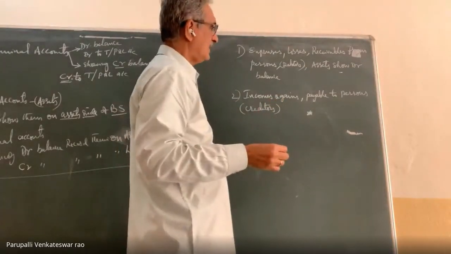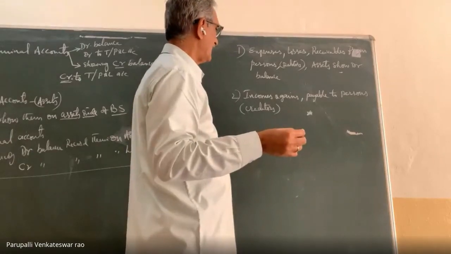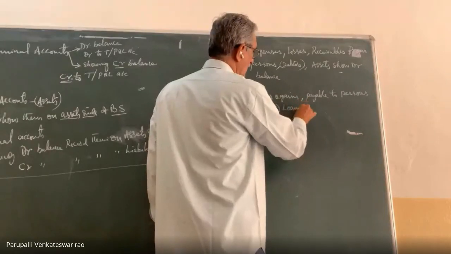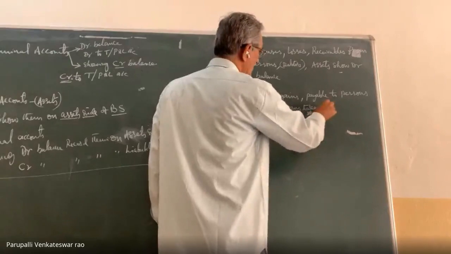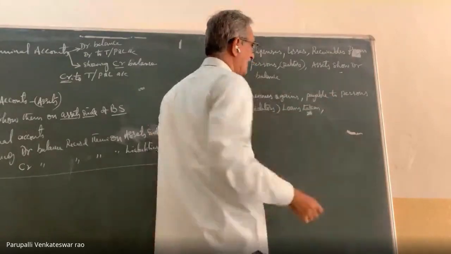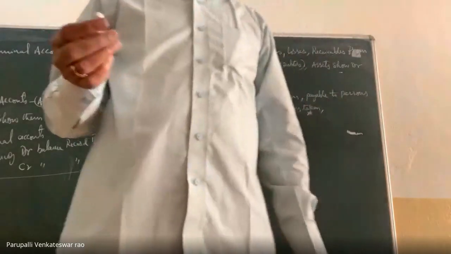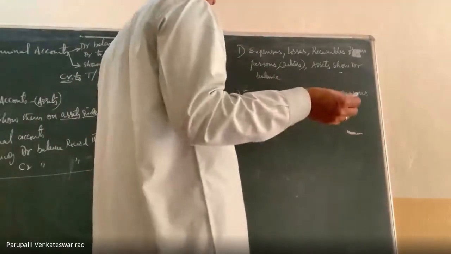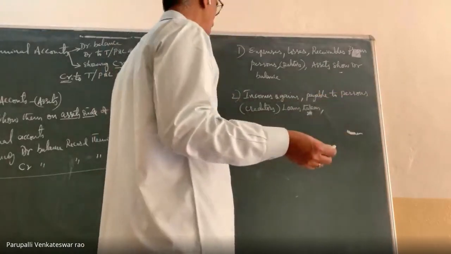Payable to persons. It includes loans also. Loans taken. Overdraft also. Overdraft is also a personal account. Payable to bank, the bank account is a personal account. Payable to bank means payable to persons. Bank is a person. Loan taken is also from somebody.